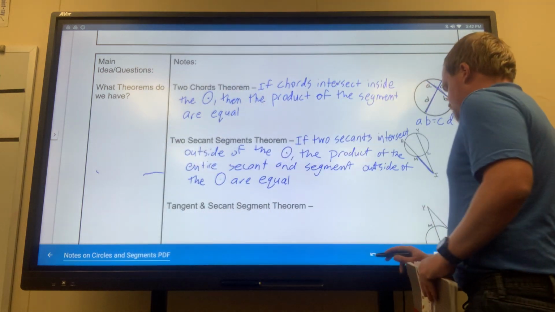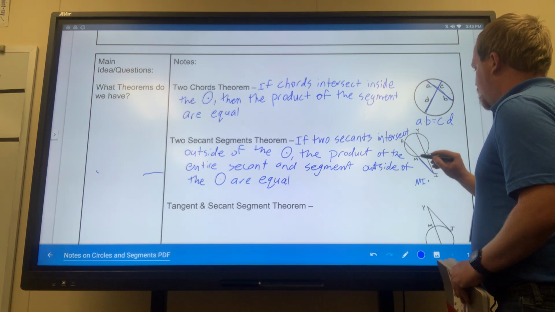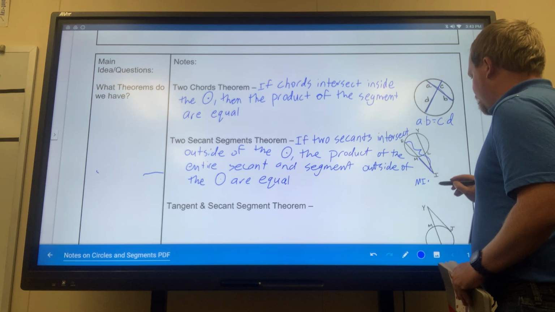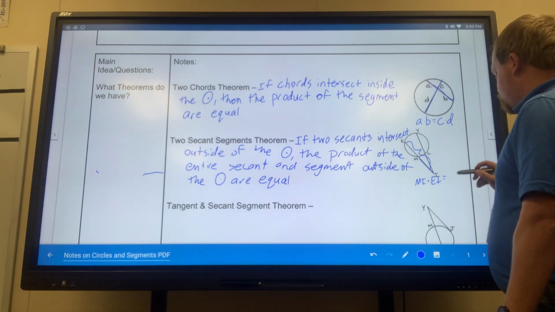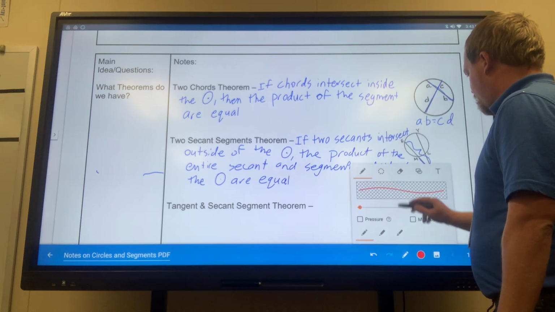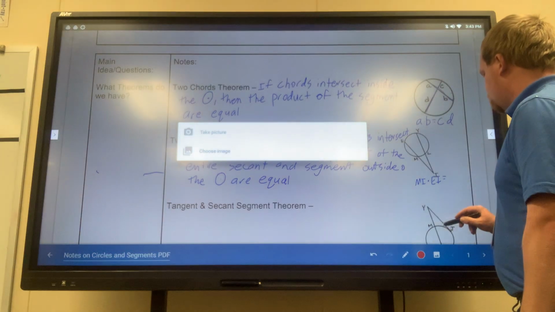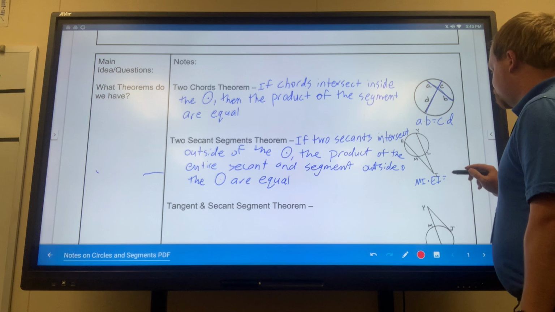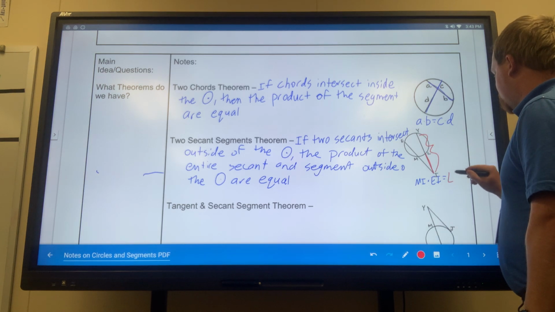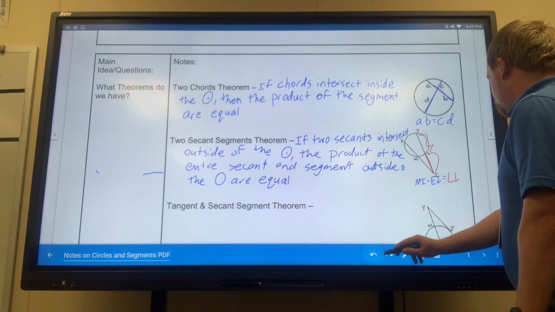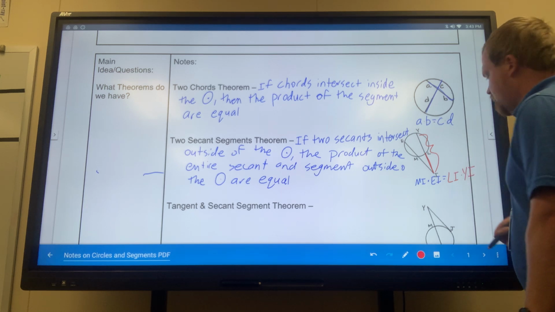So for example, the part that's outside is MI, and the whole thing is EI, and that's going to be equal to the part outside, LI, times the whole length, which is IY.